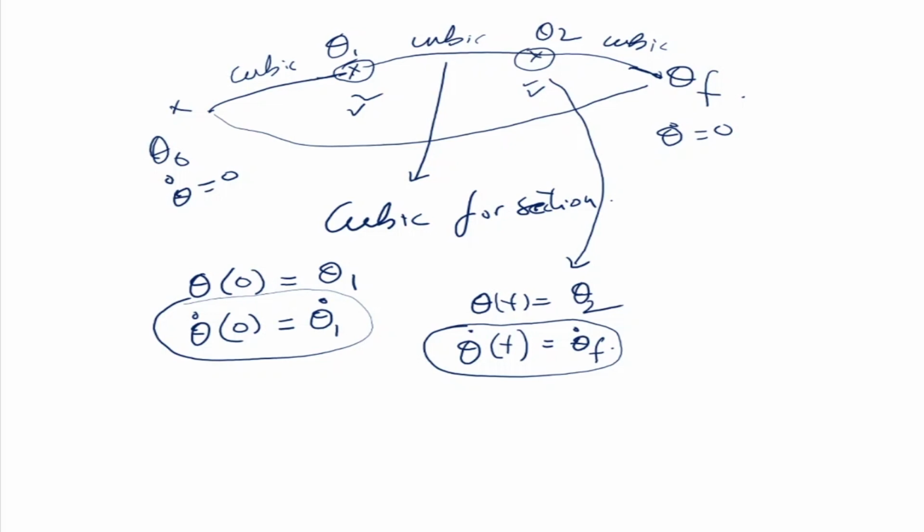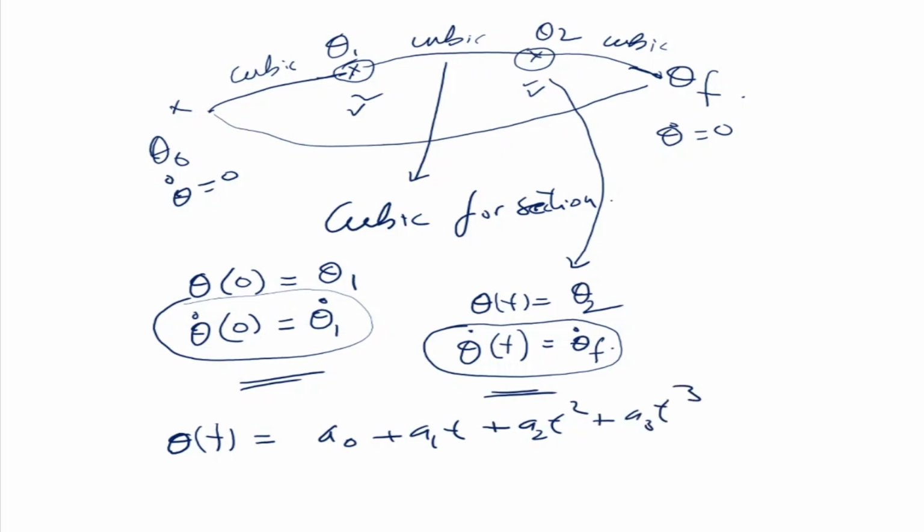If you do that, then we get 4 equations, in terms of the velocities and in terms of the positions. So we can simply put these in our equation, theta t is equal to a0 plus a1t plus a2t squared plus a3t cubed, the same thing, and solve it.